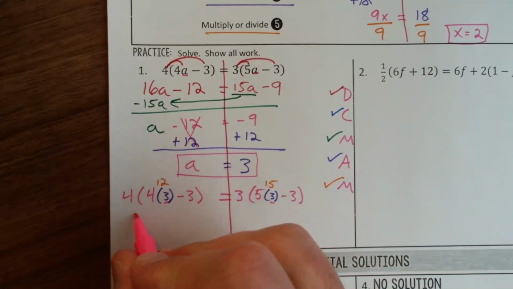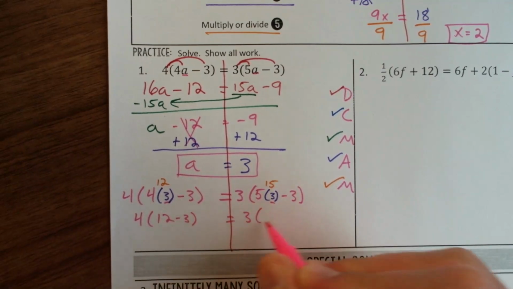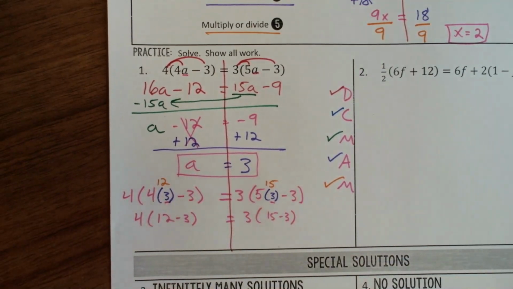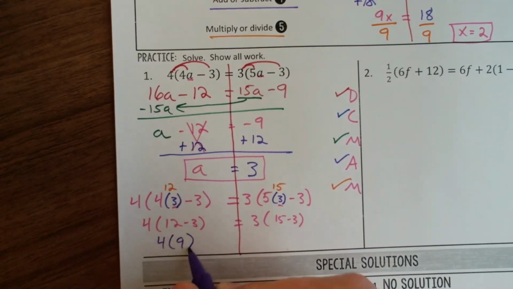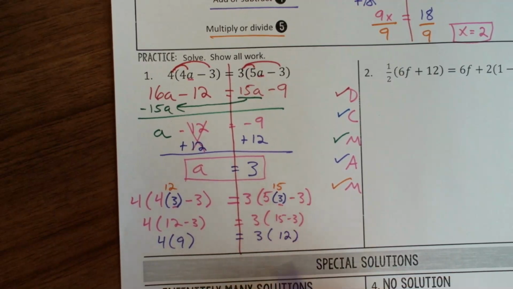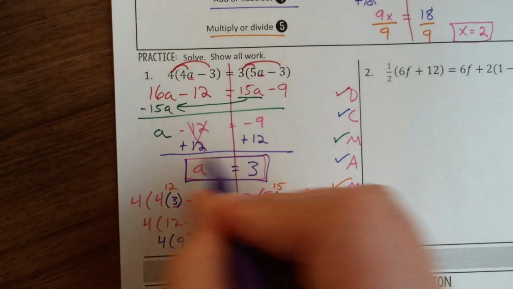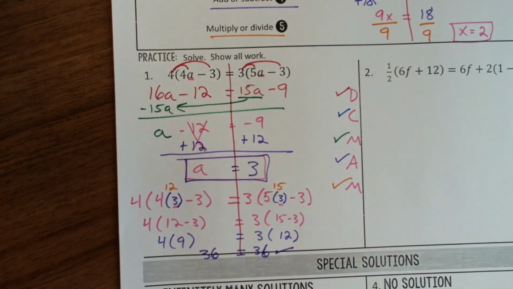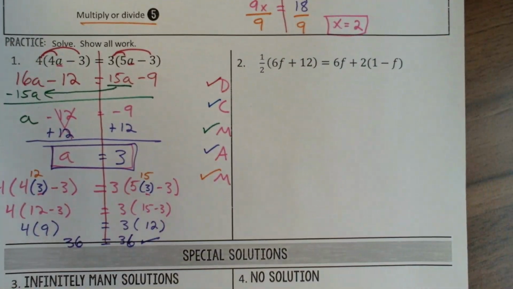So this is left with 4, 12 minus 3 equals 3, 15 minus 3. 12 minus 3, that's 9. 15 minus 3, that's 12. 4 times 9, that's 36. 3 times 12, that's also 36. So that works. That's true. So therefore, my value is correct. And that is something I can do on any test or homework, I can check this to make sure that my answer is correct.